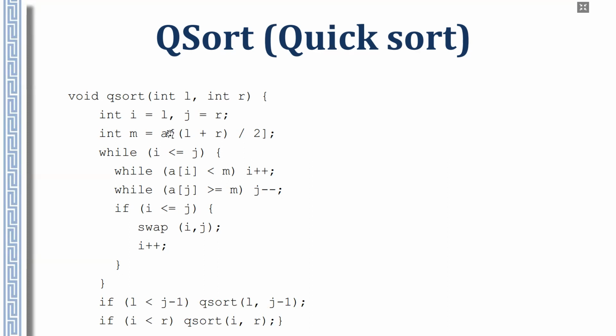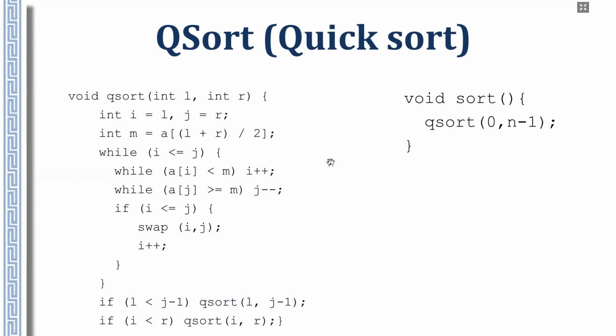Okay, and after that we can be sure that m is in the correct position, and we can sort the left part and right part independently if these parts are not empty.